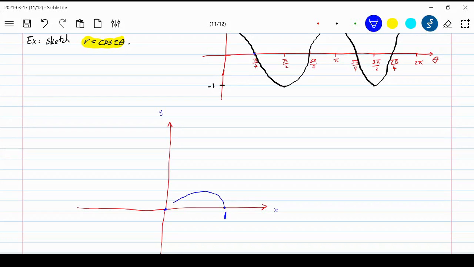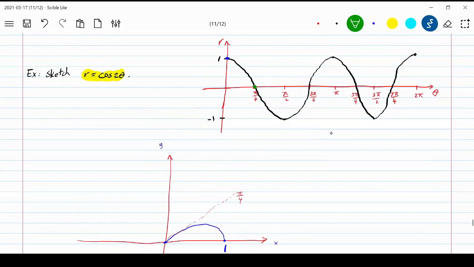Maybe not symmetrically, maybe it looks somehow like this. And this happens as the angle is getting closer and closer to 45 degrees. This is where the angle is pi over 4. We hit 0 in terms of radius. At this point, this is where the radius is 0.